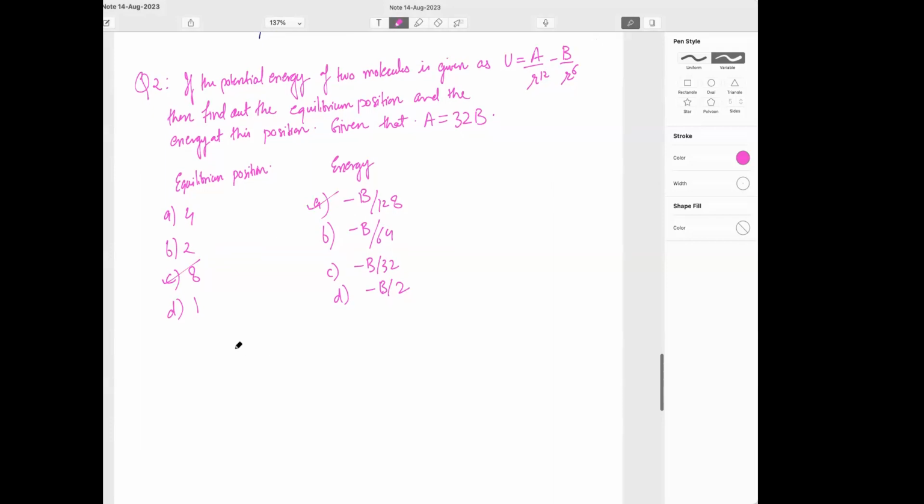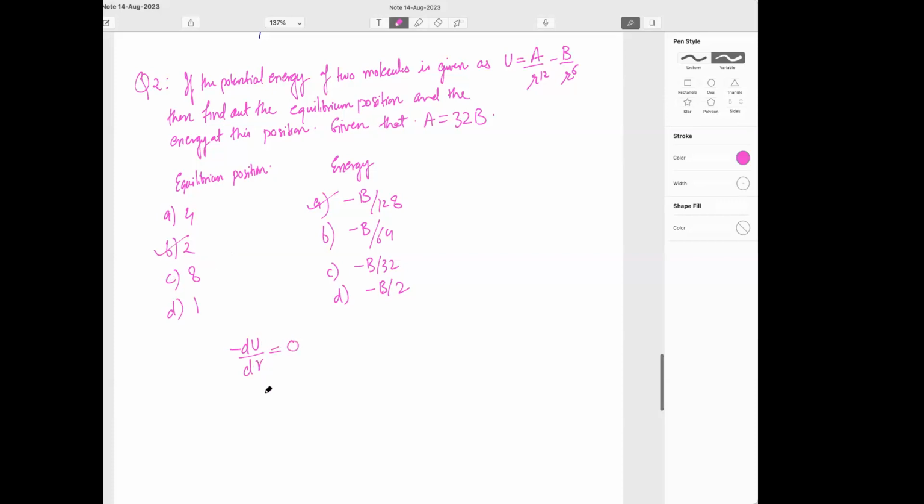So what we do is we have to minimize this energy, so that is minus dU/dR equals 0.